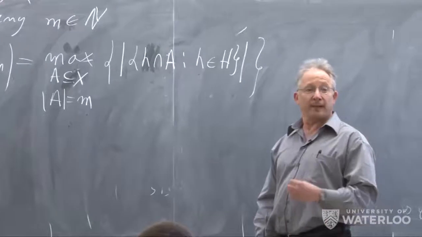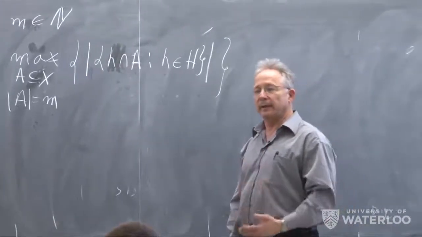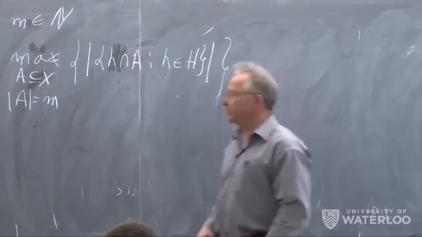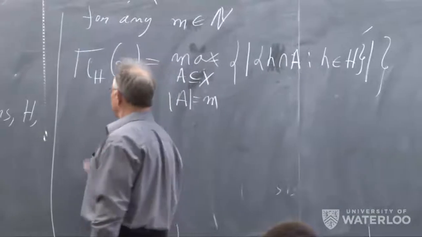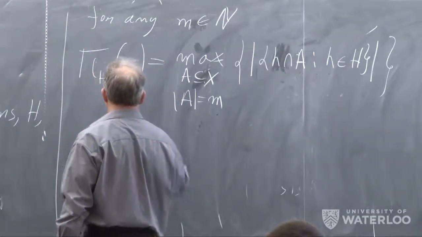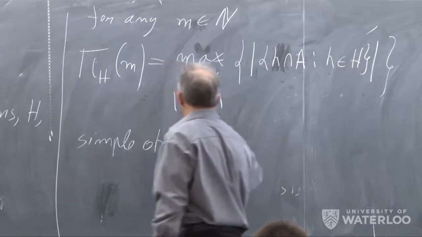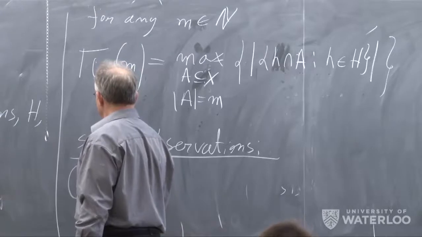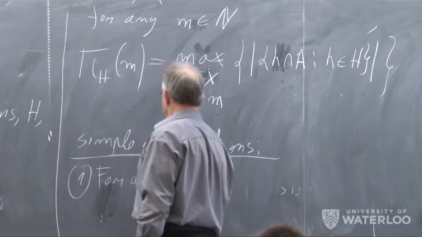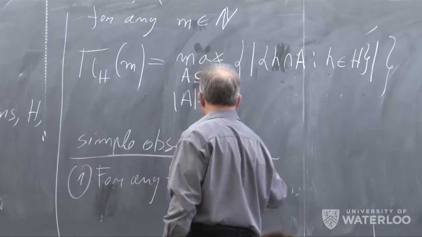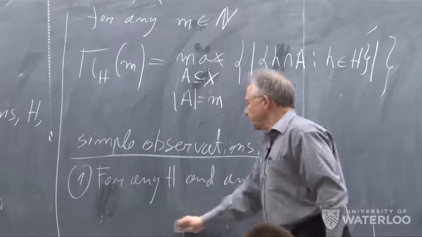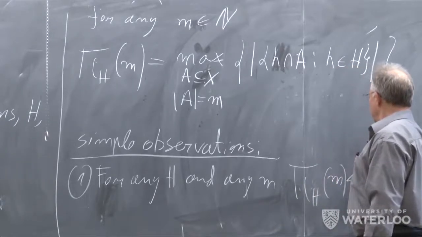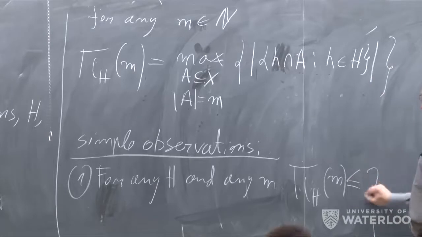Let us start with some simple observations that will hopefully generate some intuition about this function. The first one is that for any H and any m, pi H of m is always at most 2 to the m.